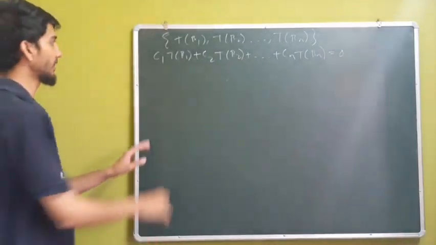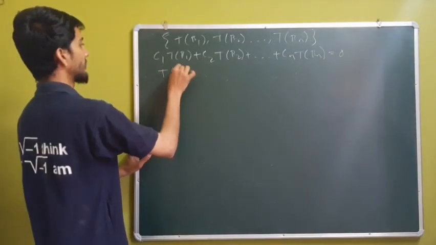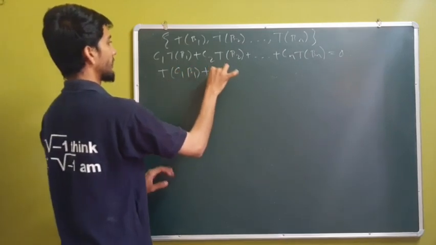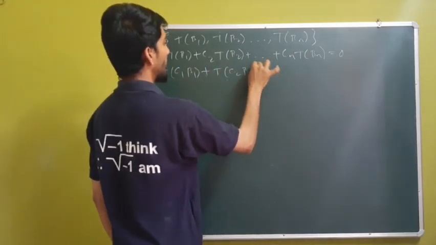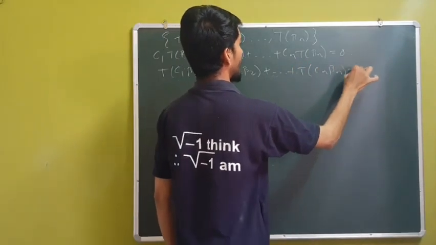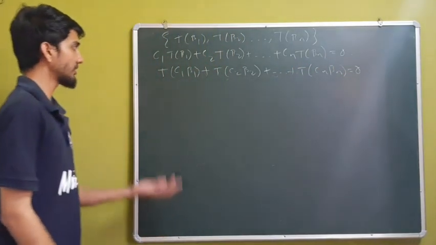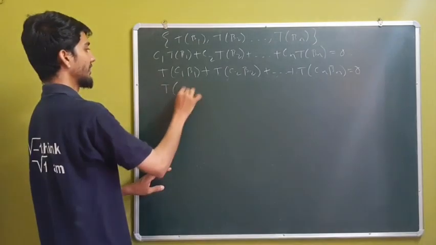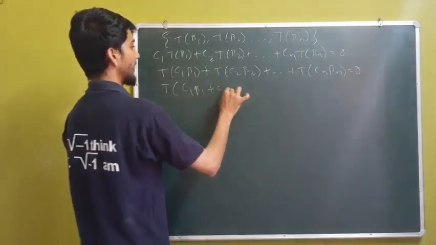Since T is a linear transformation, this is the same as T(c1 beta 1 plus c2 beta 2 and so on up to cn beta n).